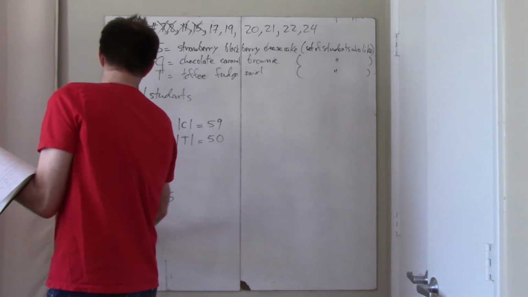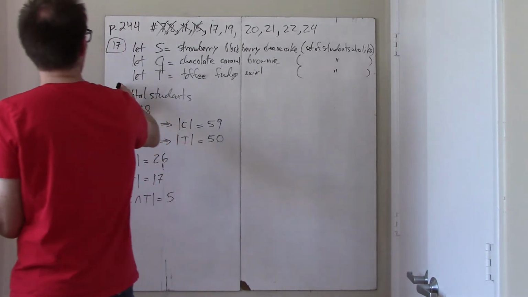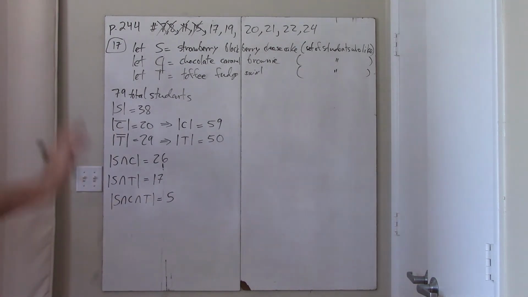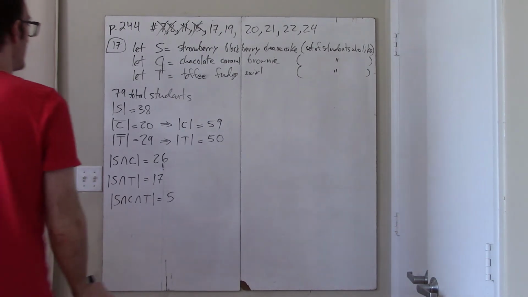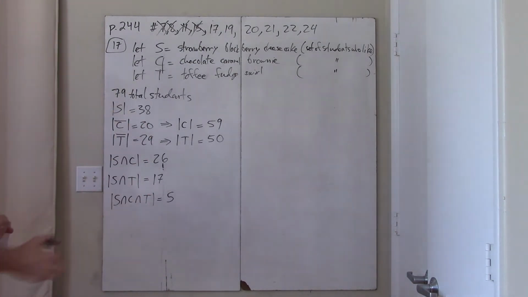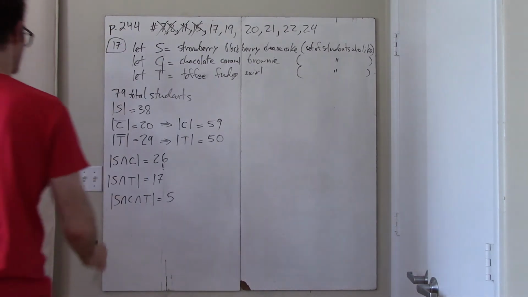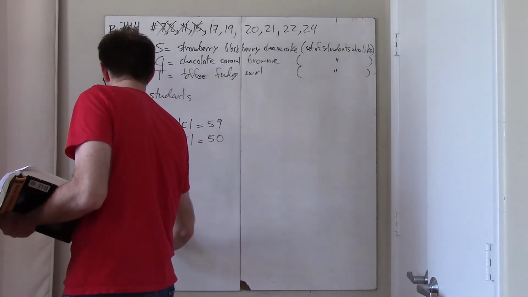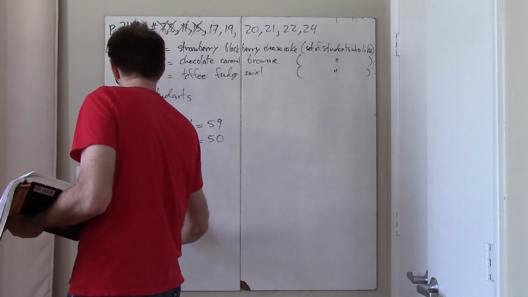Okay, that means that of the 79 students, 2 just don't like any of these. Maybe they're just vanilla kind of people. Therefore, by taking the complement, we see that 77 students like at least one of these 3 flavors. And so S union C union T is 77.